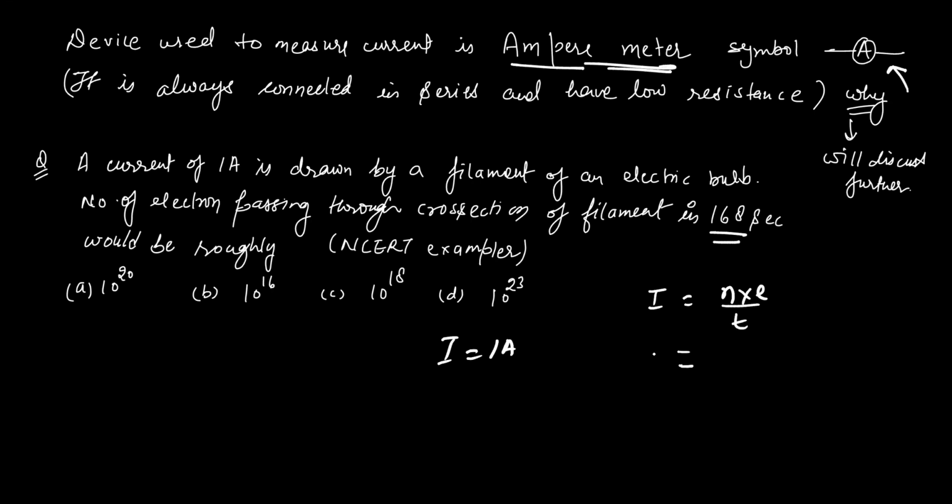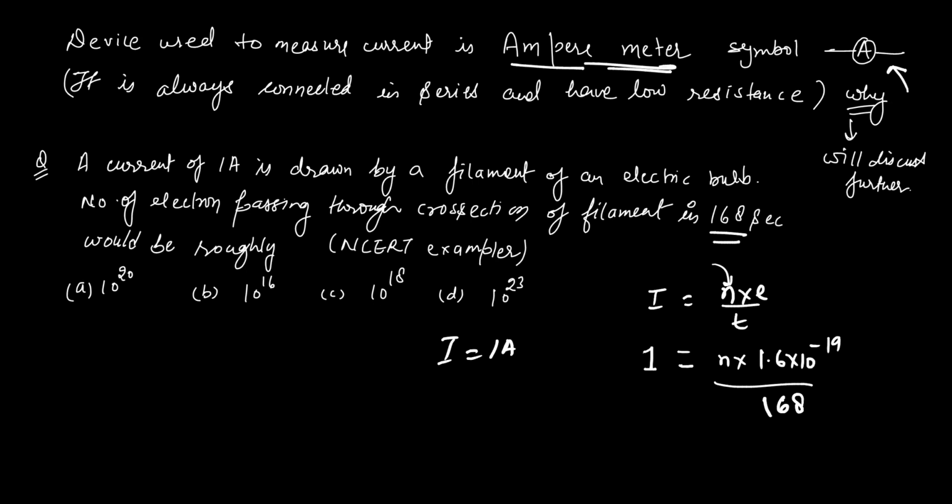The current drawn by the filament is 1 ampere, so write 1 ampere. And N, which you need to calculate, is 1.6 into 10 to the power minus 19 upon what is being given to you, that is, the time is 168.